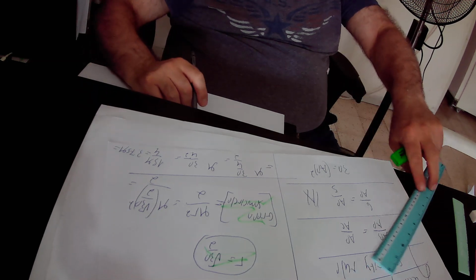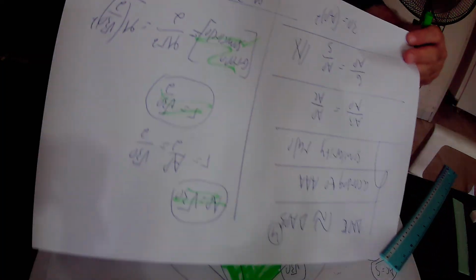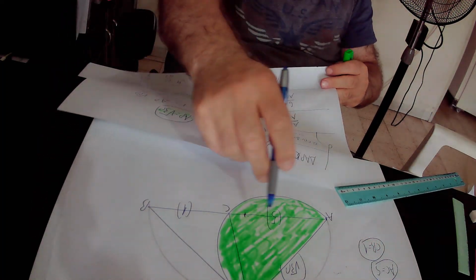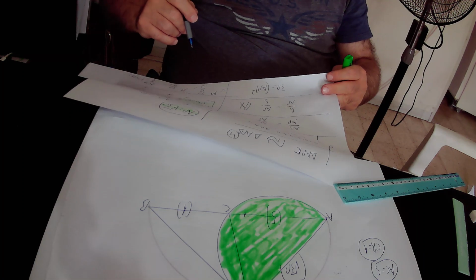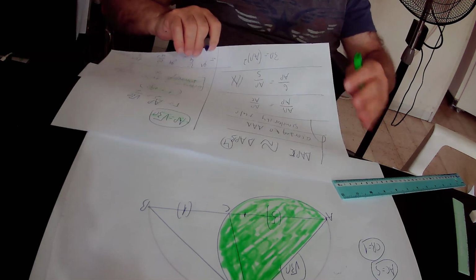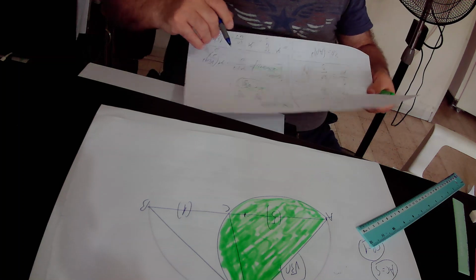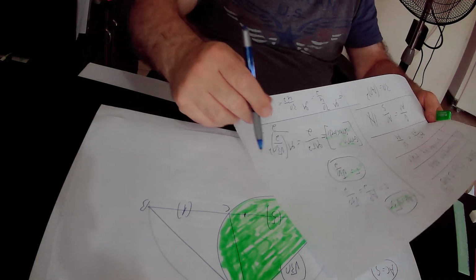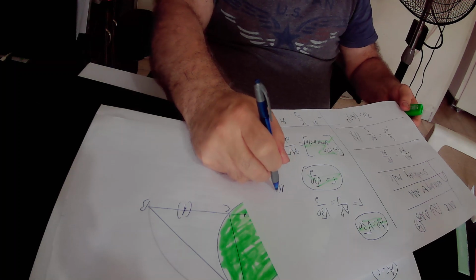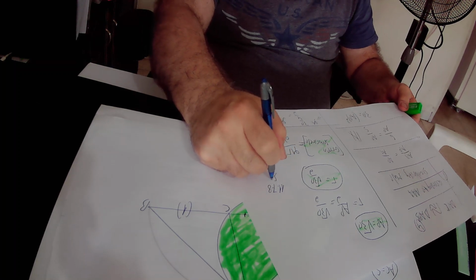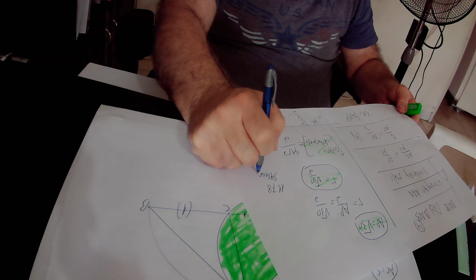So we actually found out that the area of this green semicircle equals 3.75 pi square units. In terms of numbers, the area of this green semicircle equals 11.78 square units.